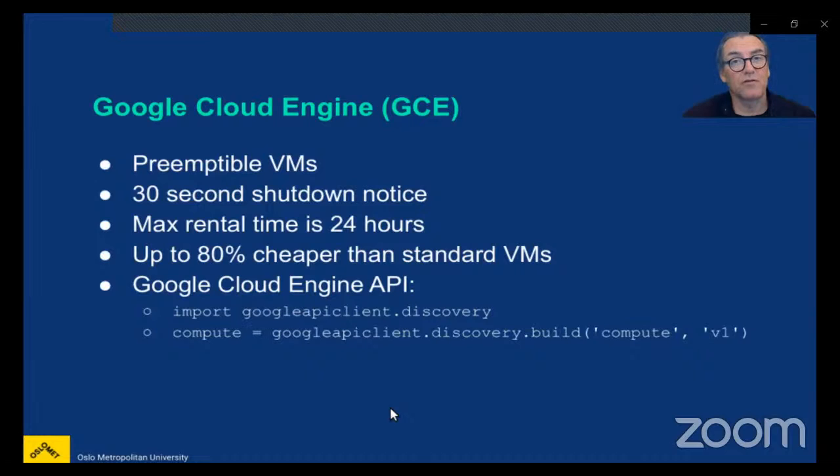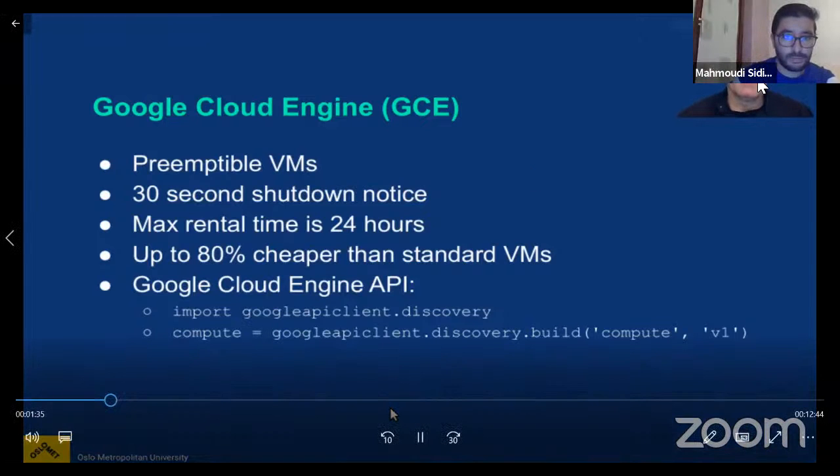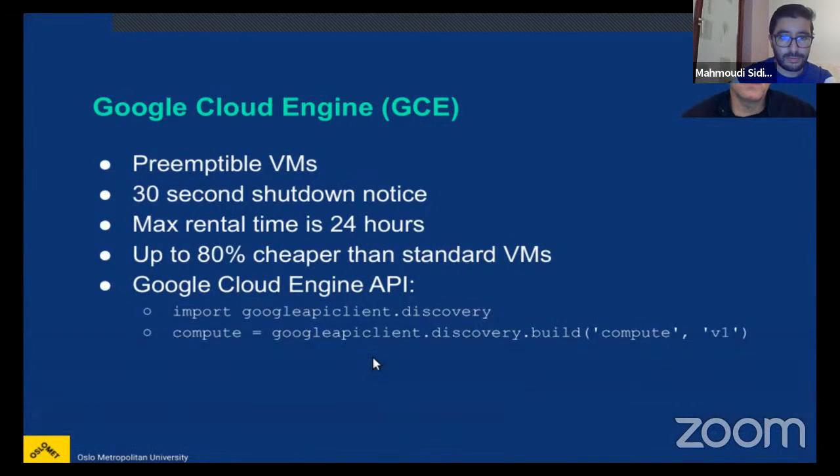So these are the downsides to these VMs. The upside is that they are up to 80% cheaper than standard VMs. Also, a basis for this work is that the Google Cloud Engine comes with an API, so using this client, we can control the VMs and start and stop them.